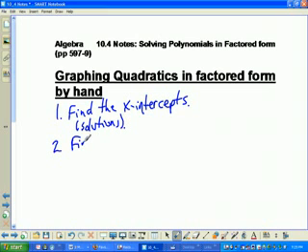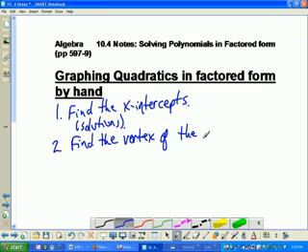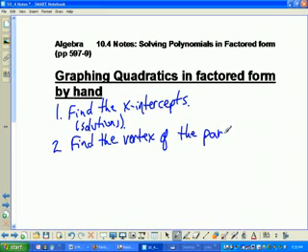Next, I'm going to find the vertex of the parabola. I do that the same way I did when it was in standard form, except I'm not going to use the equation x equals negative b over 2a.